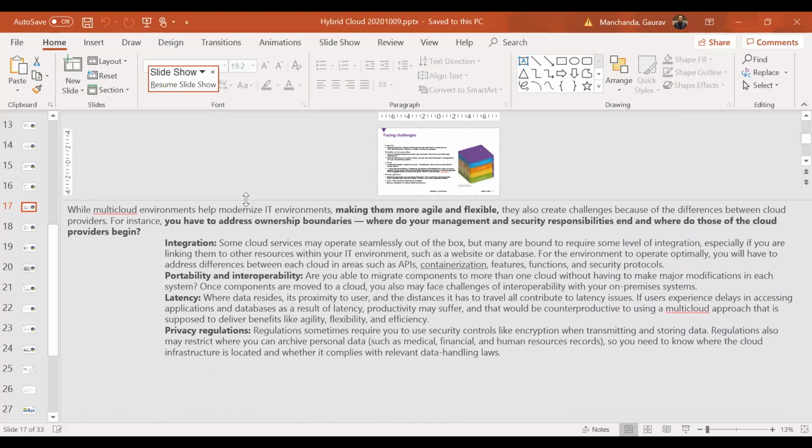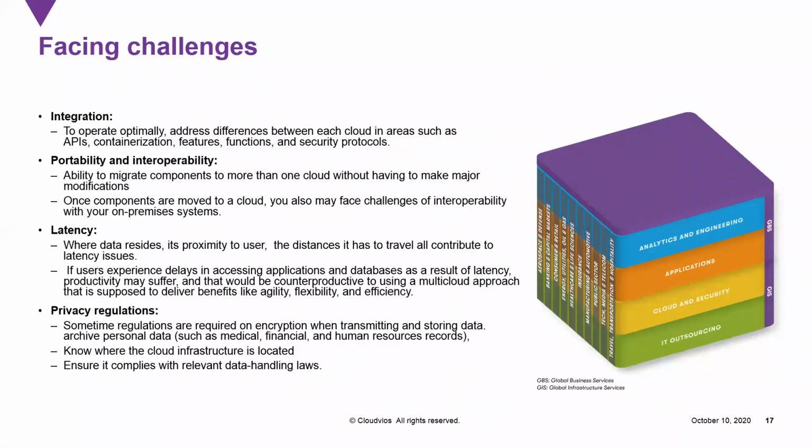Starting with integration, we need to ensure that we can operate optimally, and there should not be any difference when it comes to running a workload between two different clouds.